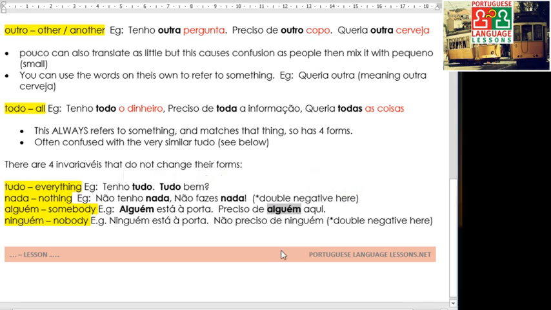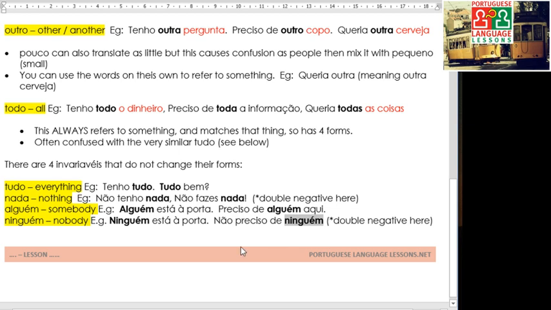I need somebody here. Again, we don't know specifically what it is, so we don't do any matching there. And then the negative. Ninguém está à porta. Nobody's at the door. Não preciso de ninguém. I don't need anybody. Double negative in this last one here.